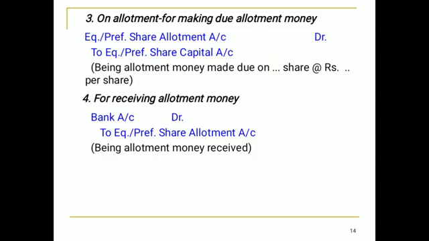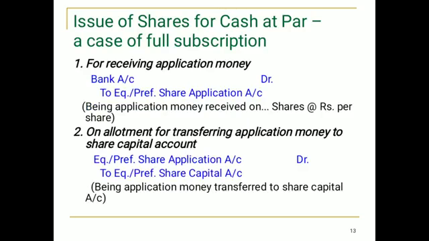The second installment, as you know, is allotment. As I said, there are a maximum of 4 installments: application, allotment, first call and final call or second call. So we have reached the second step, the second installment. The first step was about application.